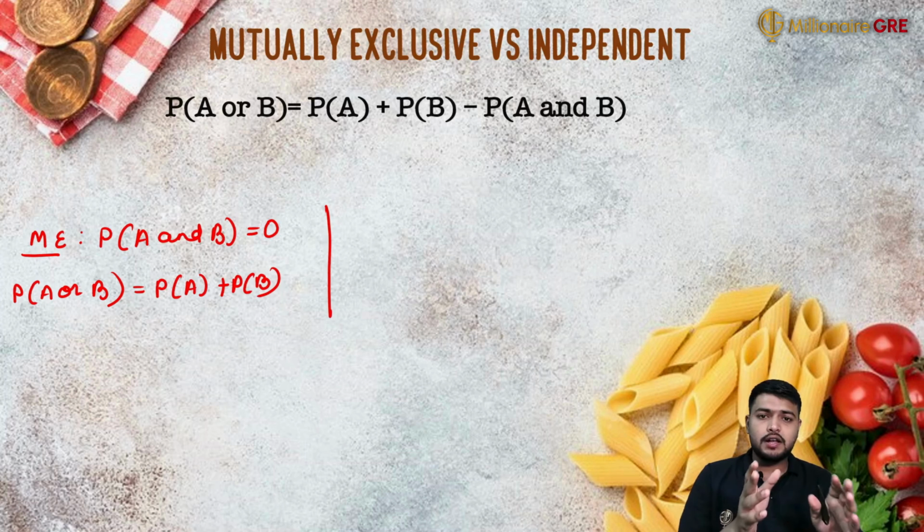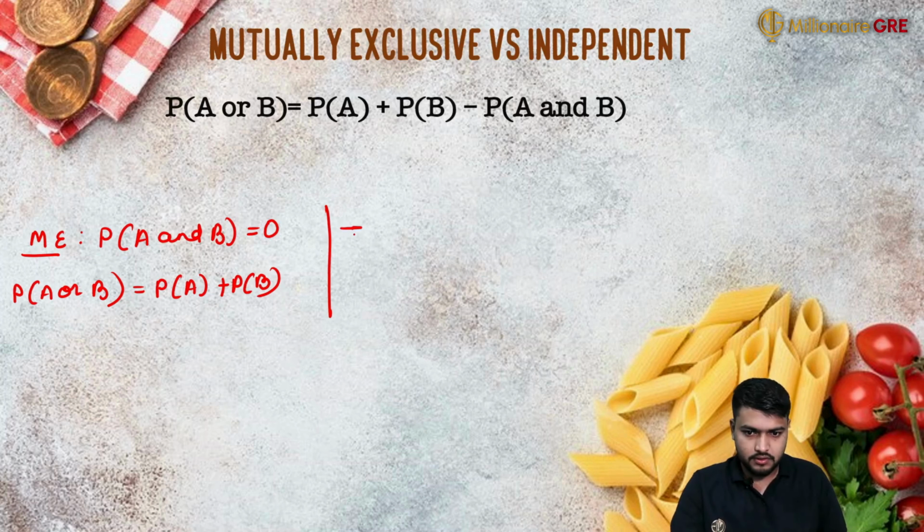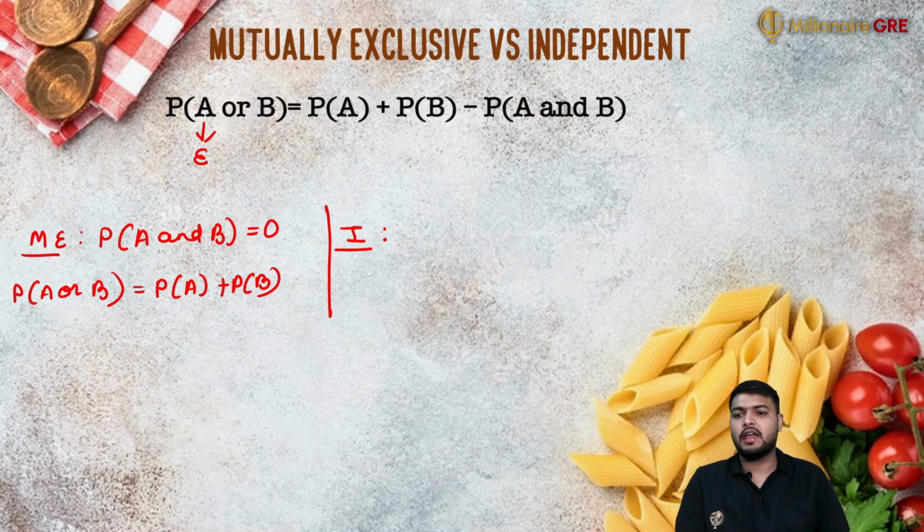The events are said to be independent when the occurrence of one event has no effect on the occurrence of the other. For instance, let's say event A is getting an even number on the first roll of a dice and event B is getting an odd number on the second roll of a dice.